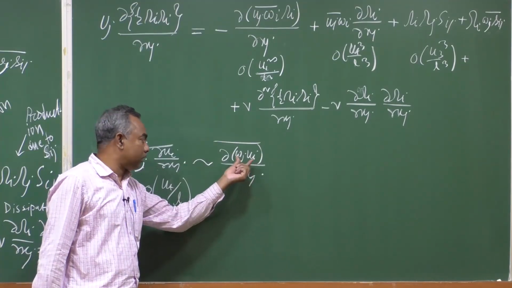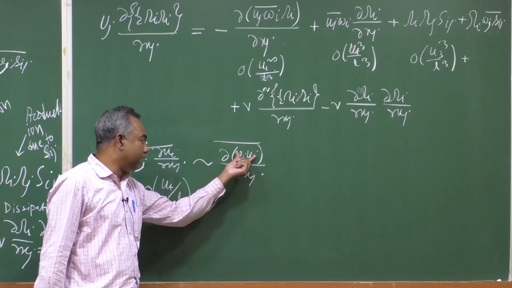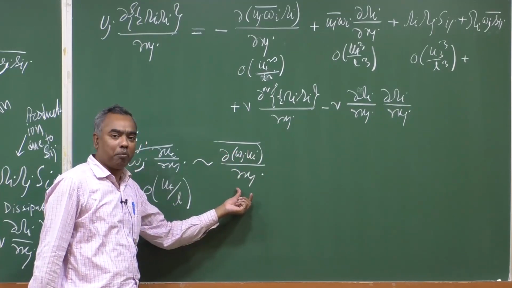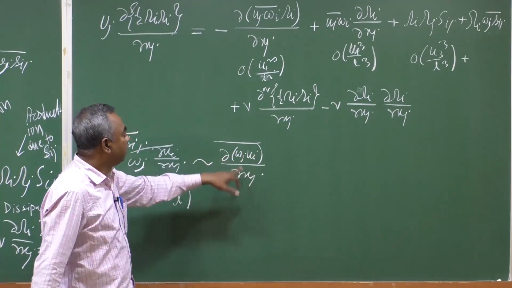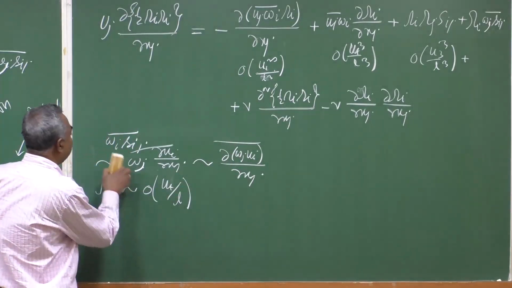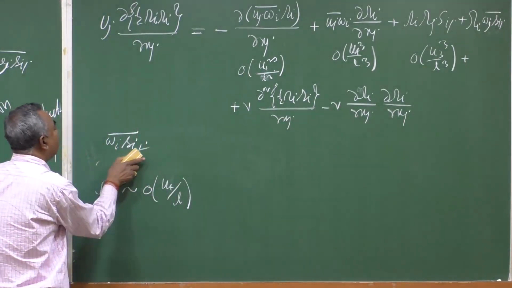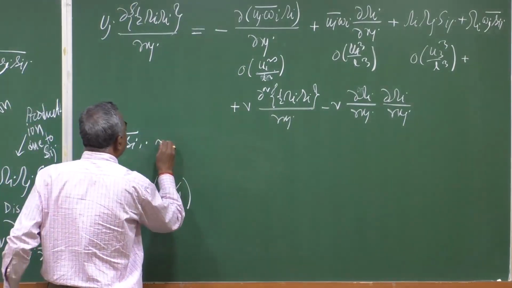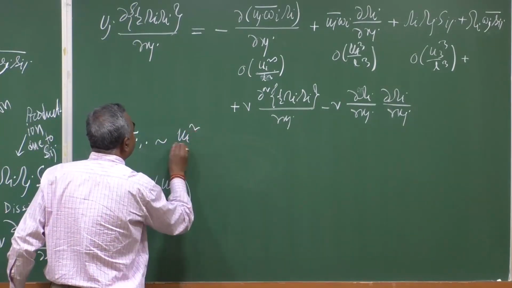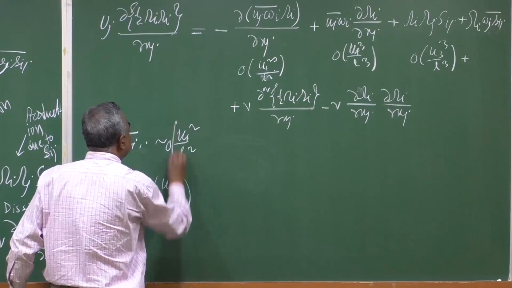So, gradient of Reynolds stress, so that means this particular term gradient of Reynolds stress divided by 1 by L. So, that means the order of magnitude of this particular term is going to be ut square by L square. Okay.